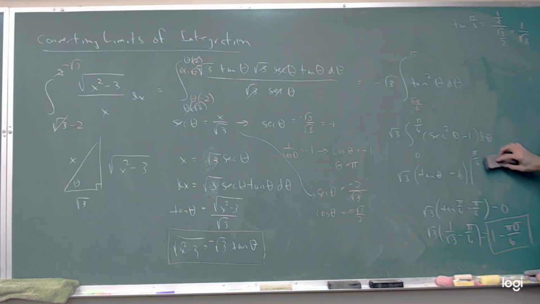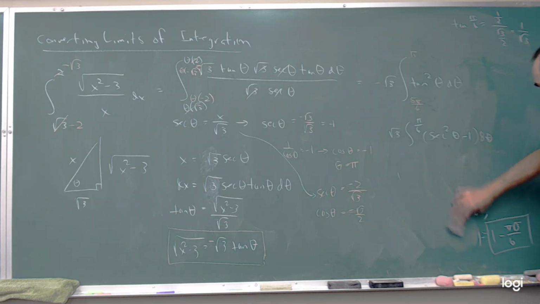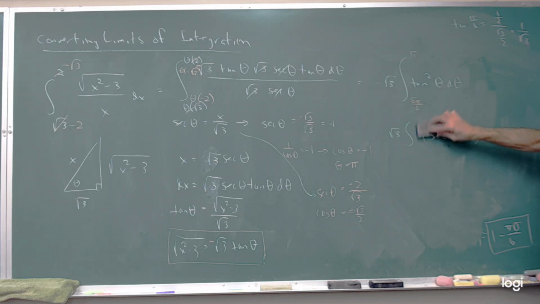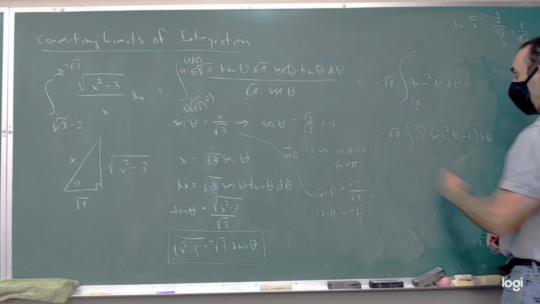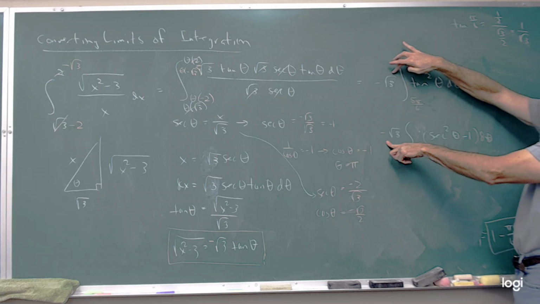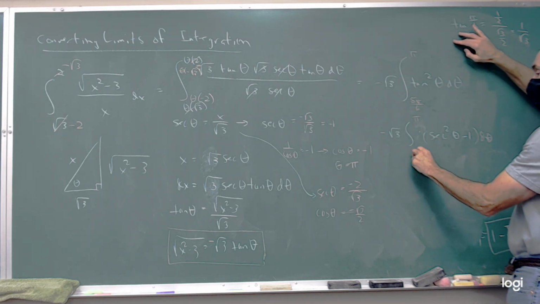We're going to get a slightly different answer because we have a different domain that we're integrating over. So there's no reason to think these would be identical. So now we're going to have our negative here. So this negative comes through. Our limits are now 5 pi over 6 to pi.